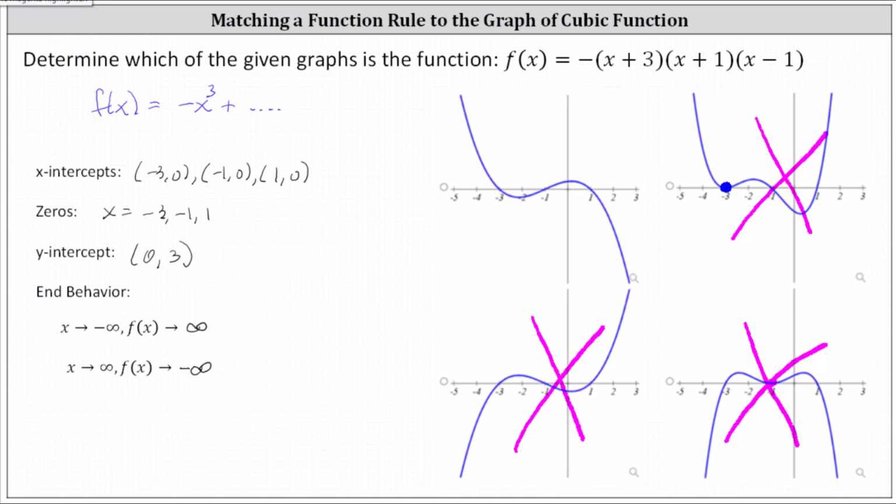As x approaches negative infinity, or as we move to the left along the graph, notice the graph goes up, indicating f of x approaches positive infinity. And as x approaches positive infinity, or as we move to the right, notice the graph goes down, and therefore f of x is approaching negative infinity. This graph has the end behavior that we just found, once again verifying this is the correct graph.